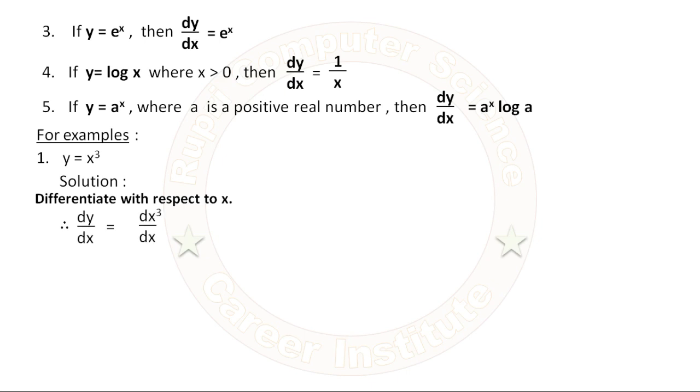Next step, dy/dx is equal to 3 x raised to 3 minus 1, applying our first rule that we just learned. Therefore dy/dx is equal to 3 x raised to 2, that is 3x squared. This is the answer of the given question.